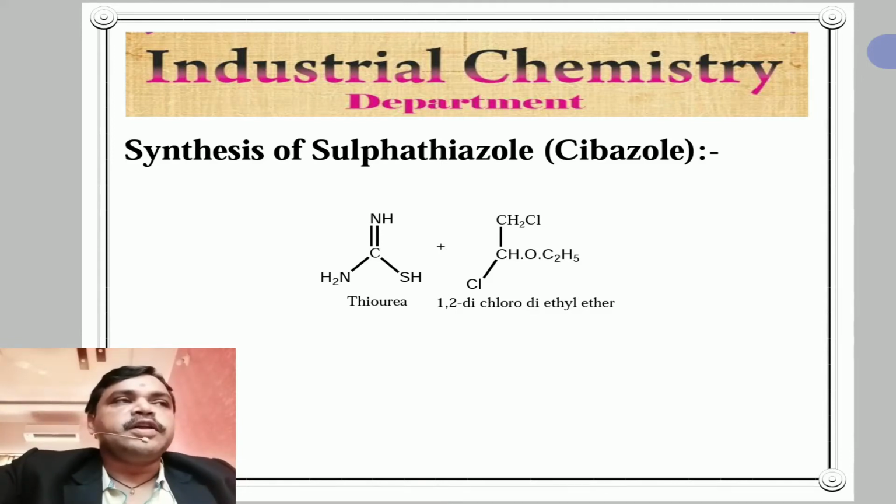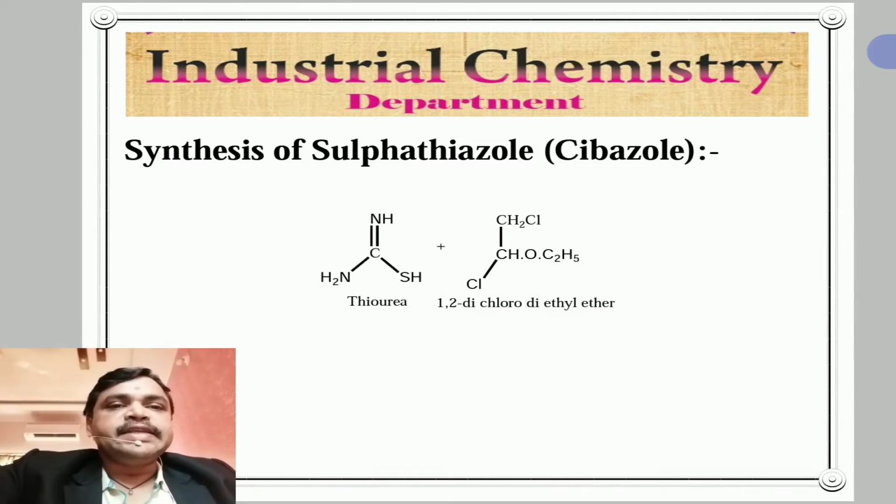So first of all, we synthesize 2-aminothiazole, and then we react this 2-aminothiazole and get sulfathiazole, which is also known by its trade name, cibazole. So you have prepared this drug as sulfathiazole or cibazole. Now we start the synthesis.